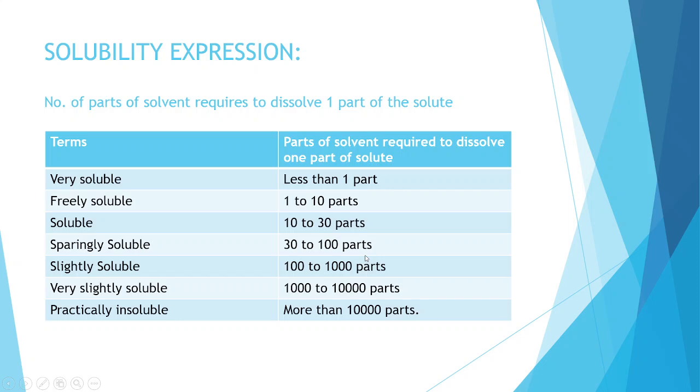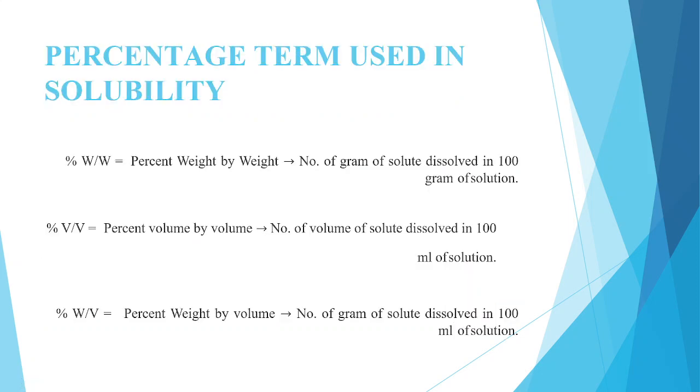Slightly soluble needs 100 to 1000 parts to solubilize that solute, and very slightly soluble 1000 to 10,000 parts. Practically insoluble means more than 10,000 parts are required to dissolve that particular solute.